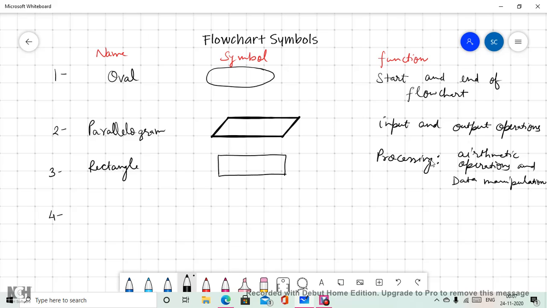The next category of symbol is diamond. So diamond is drawn like this. Okay, and this is used for decision making.